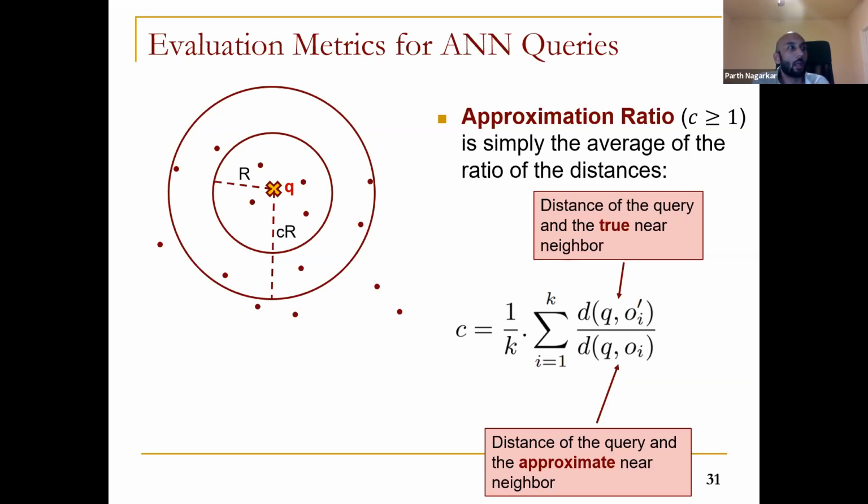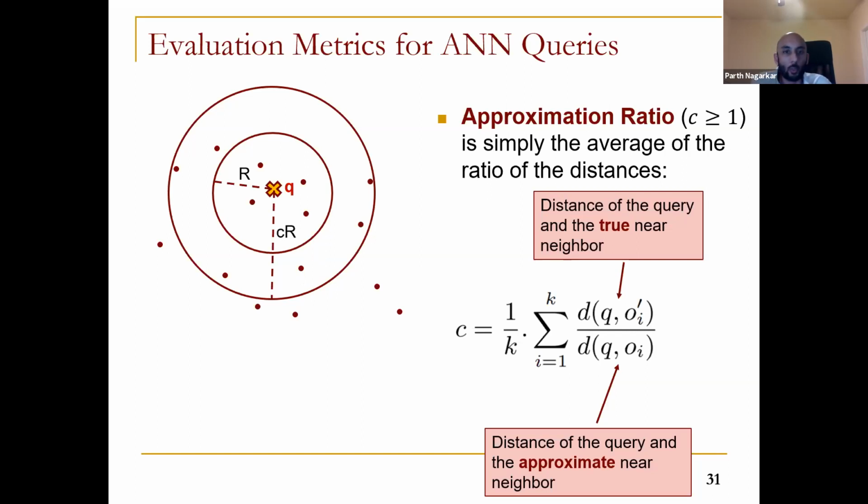Then I will find the Euclidean distance of the result that you had given and return the average of the ratio of the distances. The benefit here is that I'm okay with having a ratio of 1.1, because that is still giving me nearby answers, and I'm not looking for the exact ratio of 1.0.